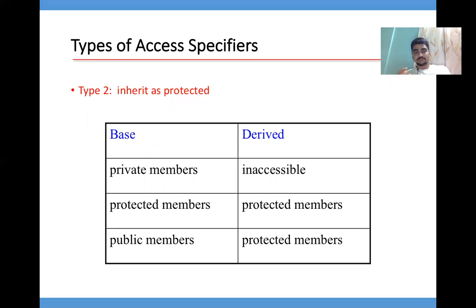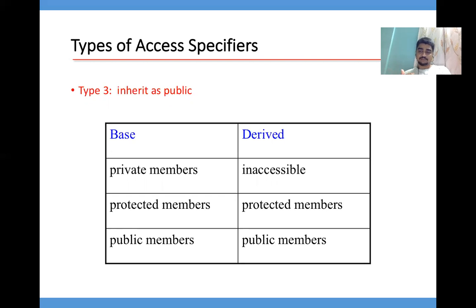Now, inherit as protected: base class private members are inaccessible in the derived class, and protected members and public members become protected members. So this is type 2, inherit as protected. Third one, inherit as public: private members are inaccessible, protected members stay protected, and public members stay public.